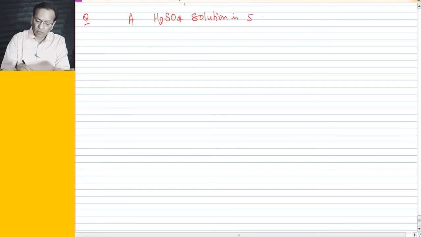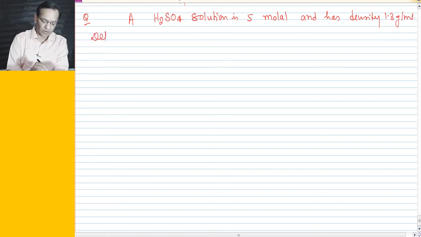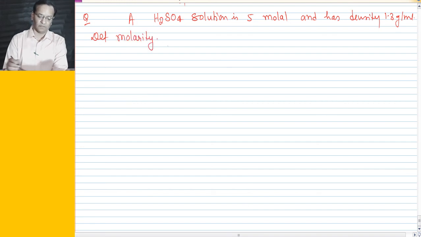The question is, an H2SO4 solution is 5 molal and has density 1.3 gram per ml. Determine molarity.